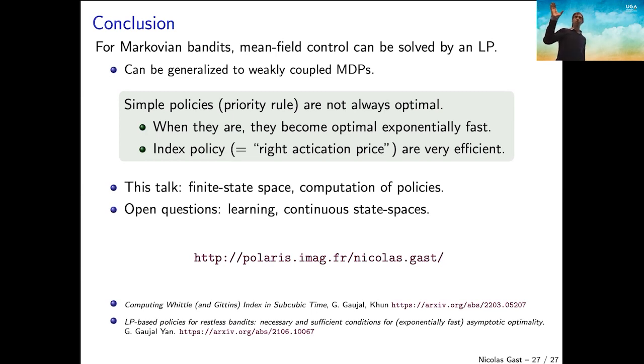Now, of course, if you go to some continuous state space, things become a bit more tricky. For instance, because of computation, clearly the algorithm that I gave for computing doesn't work for continuous state space at all. So there are probably some interesting questions for that.